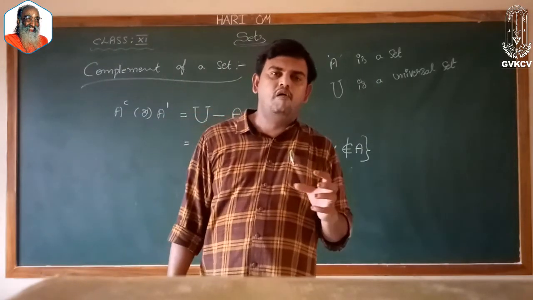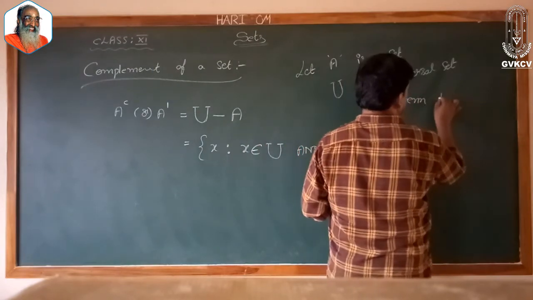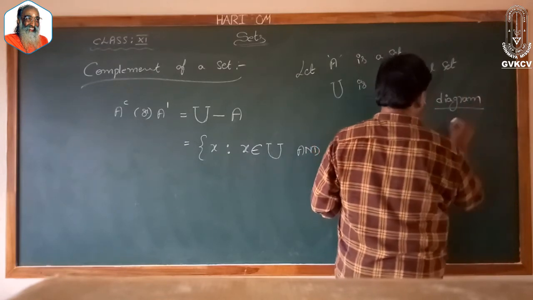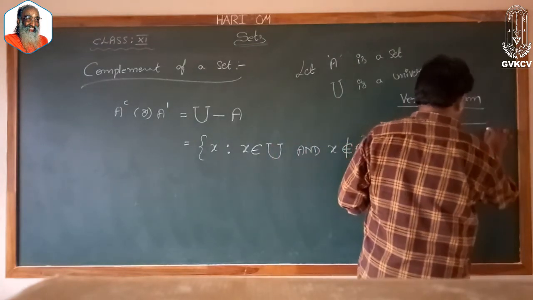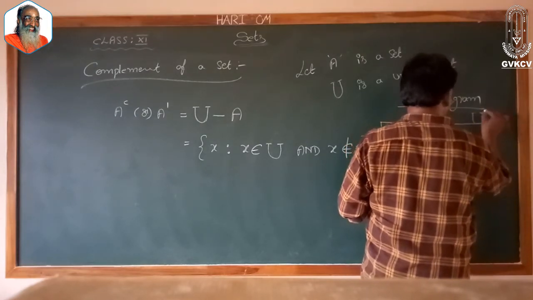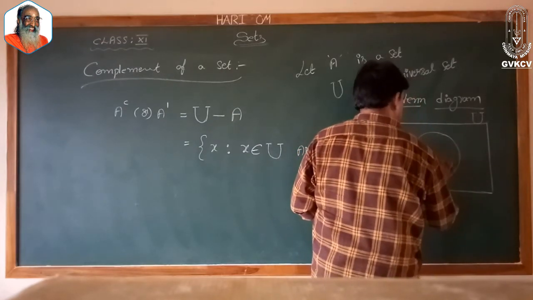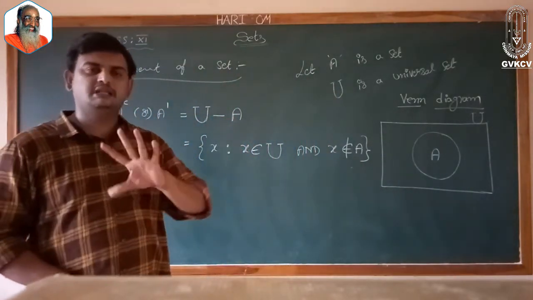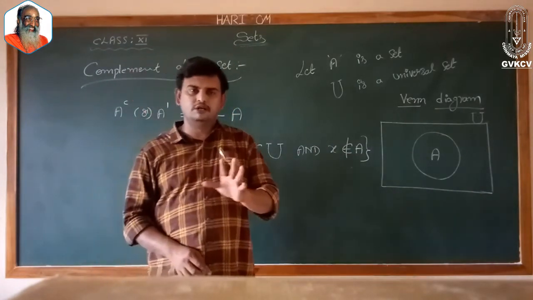Now let us have the Venn diagram for A complement. How will the Venn diagram be? We have to take the universal set. This is our universal set U. In this universal set, we have set A. This is our set A. Now, in simple words, other than A is the universal set.